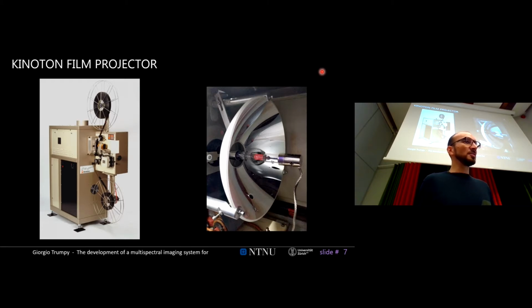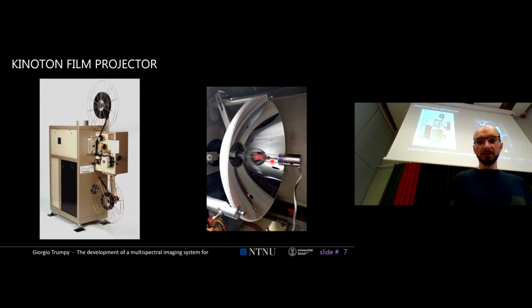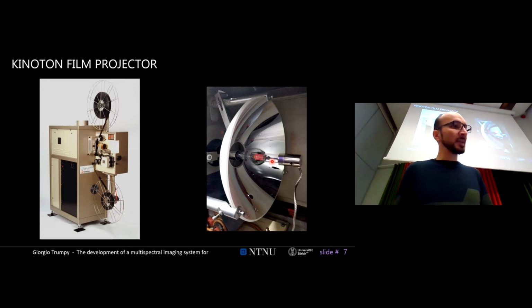Keynote film projector, widely used from the 70s and the 80s. The light bulb is a xenon arc bulb that is positioned in the focus of an elliptical mirror that we see here.